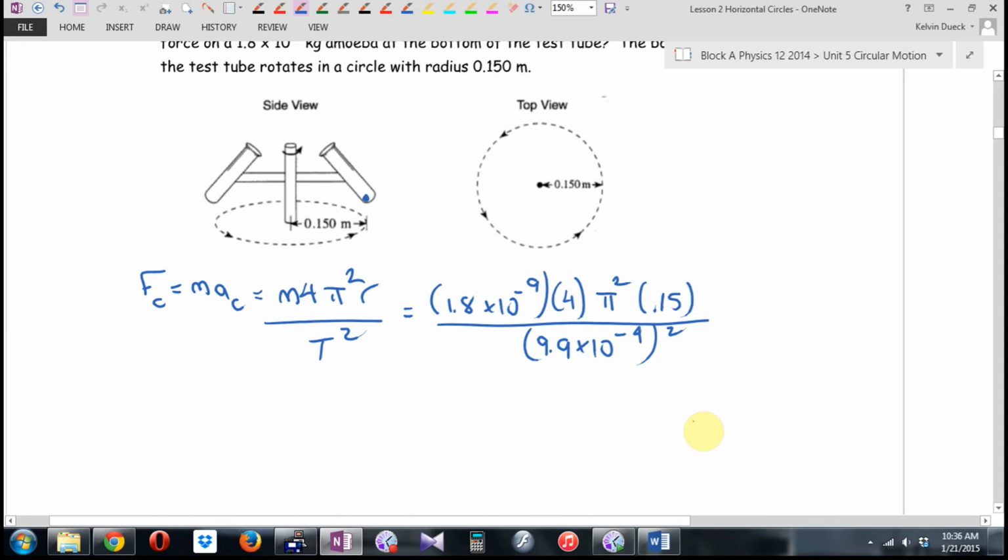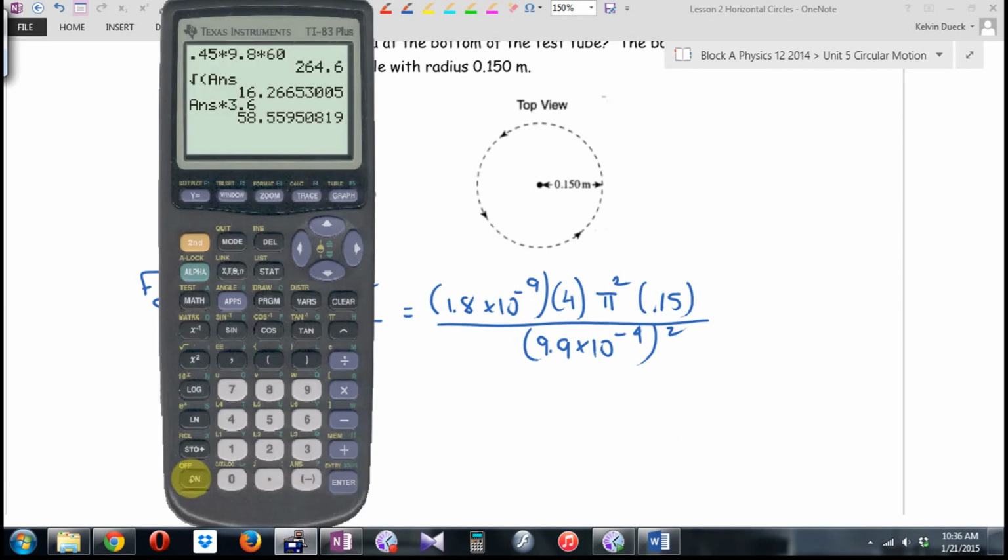Can you even type a pi squared? Some of your calculators might force you to go pi times pi. More than one number on the top. Hey, you need to know where your pi button is.